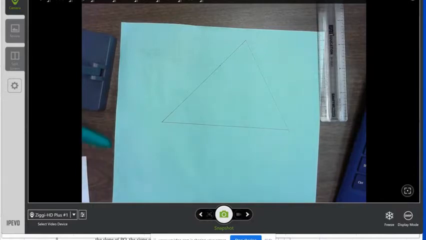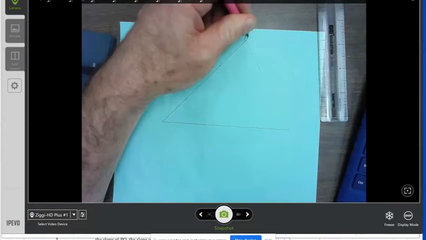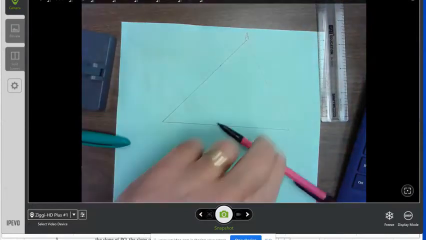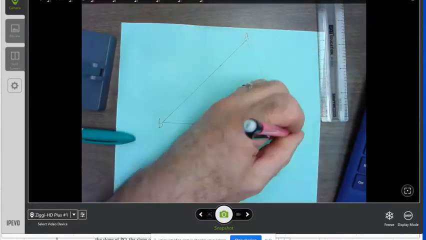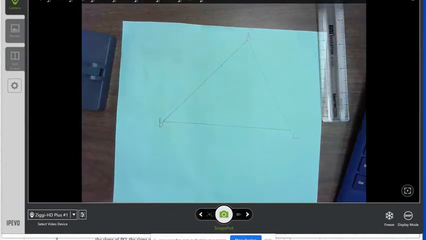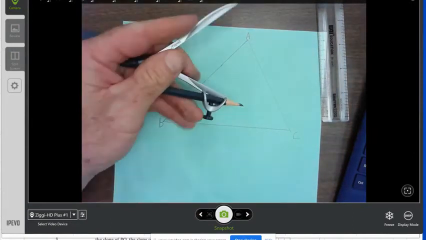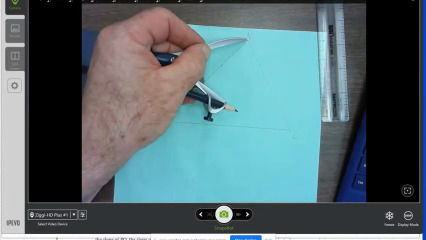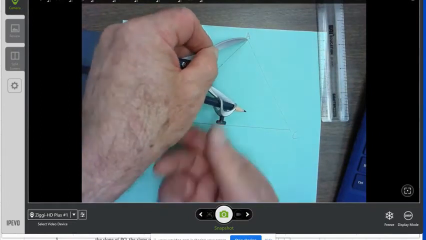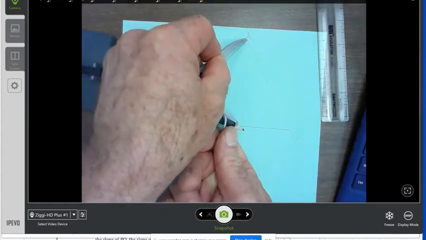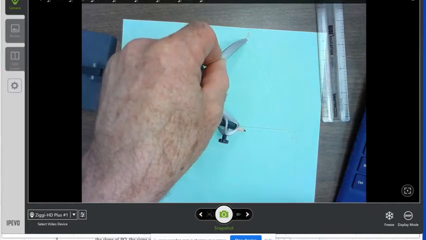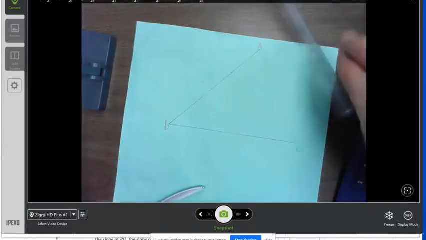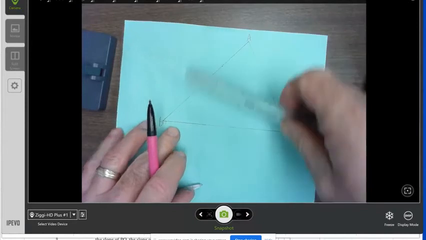Okay, so to construct the altitude from vertex A, I'll label it ABC. What I'm going to do is put the compass at point A, and open up my compass so that it extends beyond line BC. Now, one thing I should do before I get started is make line BC as long as possible.